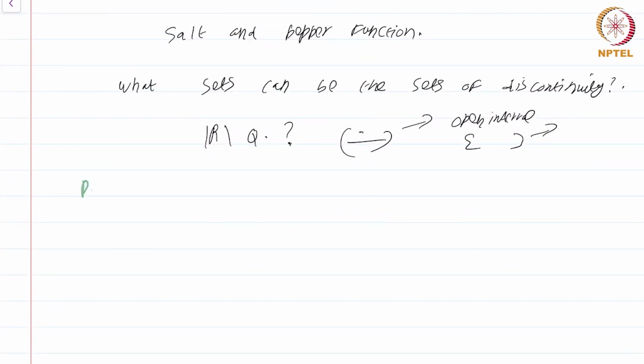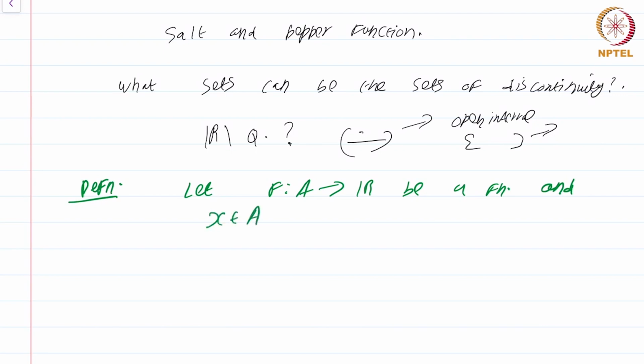Definition. Let f from A to R be a function and x be an element of A. We want to see what happens if f is not continuous at the point x. We want to somehow quantify the discontinuity.